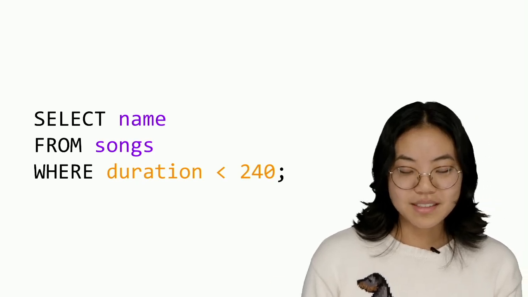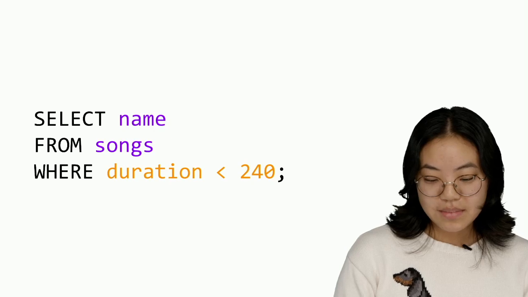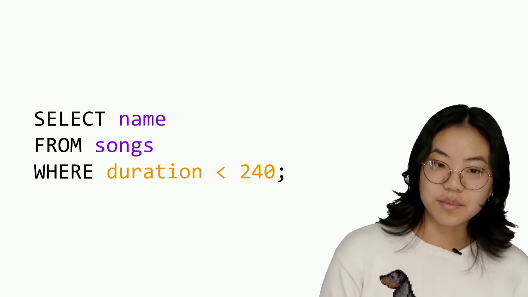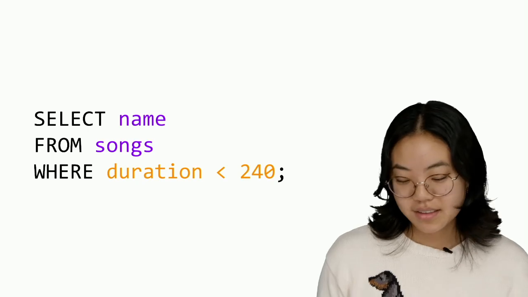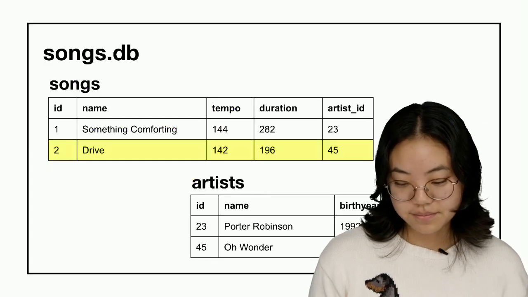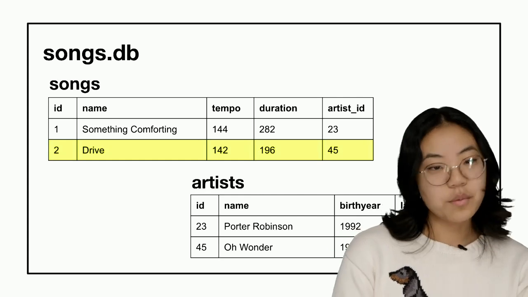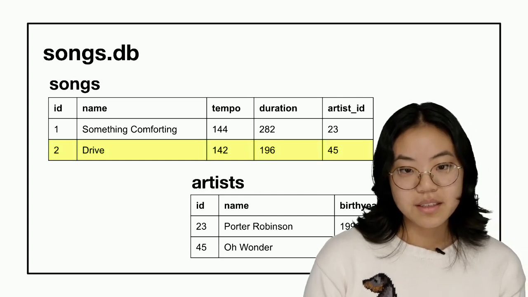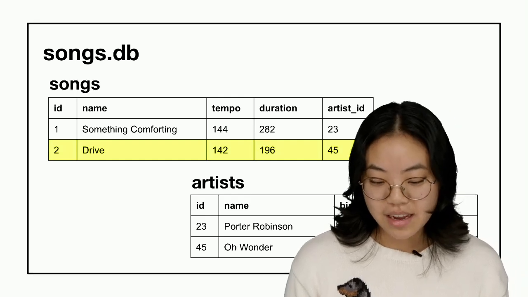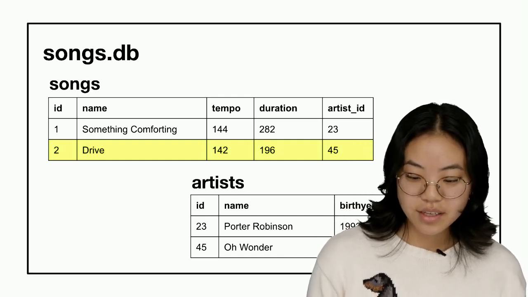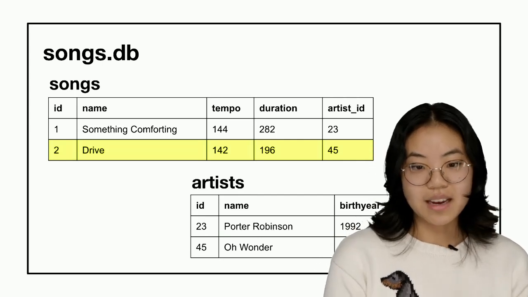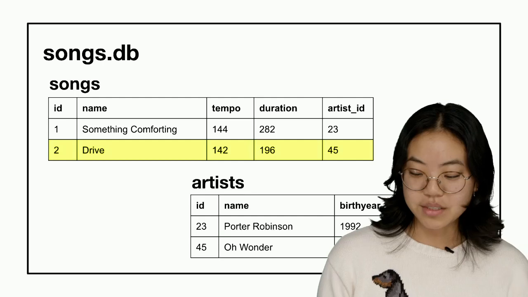It's probably seconds. This would print out all of the names of those songs that fit that condition. One by one through the songs table, I'm looking, does this have a duration of less than 240? If it does, then that will be added to the table that I end up printing out.